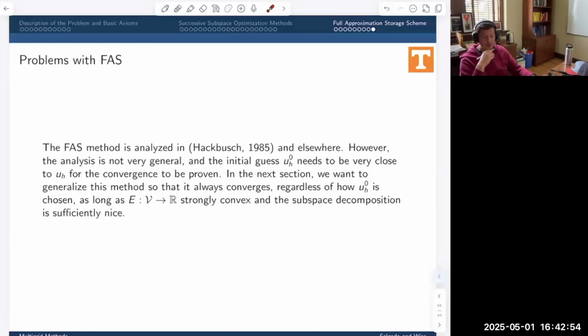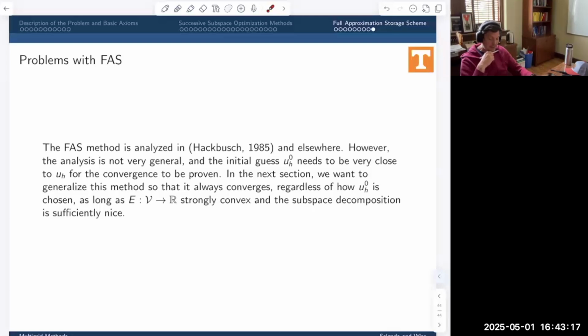It didn't matter what my initial guess was. SSO doesn't care. It uses convexity to show that I'm going to converge no matter what. So the analysis of our FAS method, it turns out, can never be very general, and it can't be global. It has to be very local in nature.